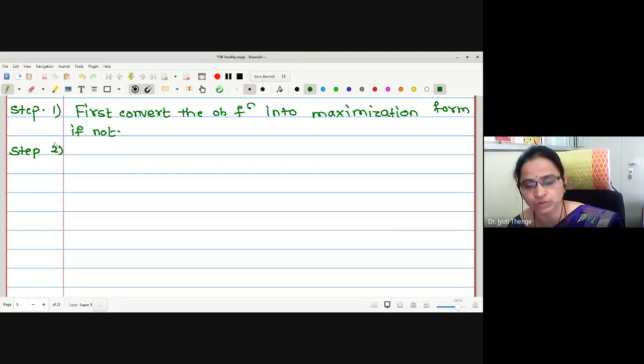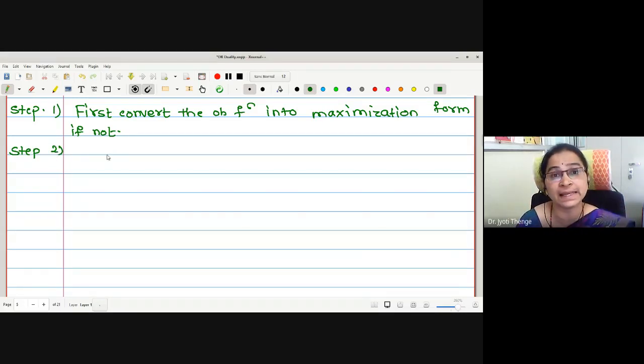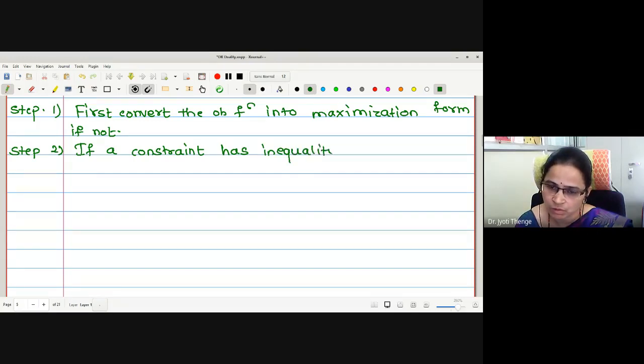In step 2, we are going to convert all inequalities as less equal inequalities. Therefore, what should we do if any of the inequalities has the greater equal symbol? We will multiply by the negative sign, that is minus 1, so that the greater equal inequality becomes less equal. Therefore, here I will write: if a constraint has inequality sign greater equal, then multiply both sides by minus 1 and make the inequality sign less equal.